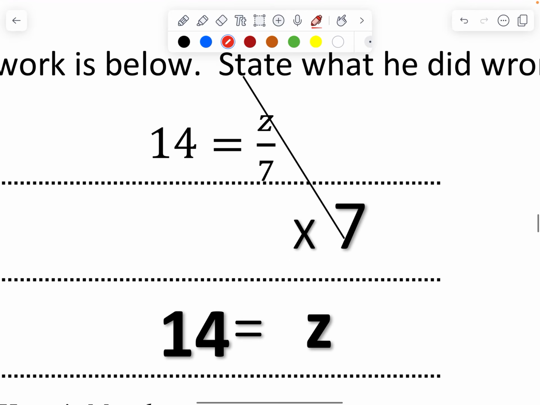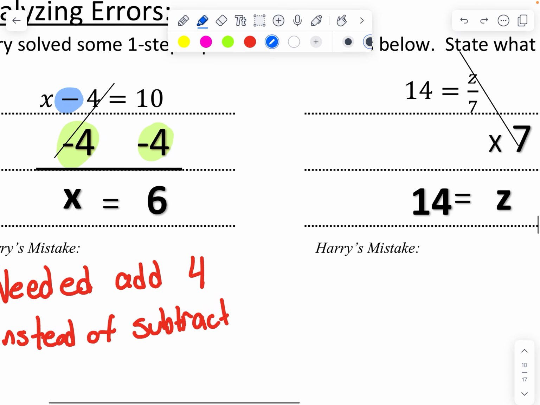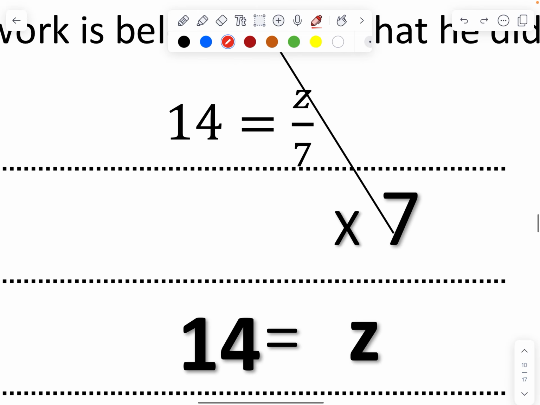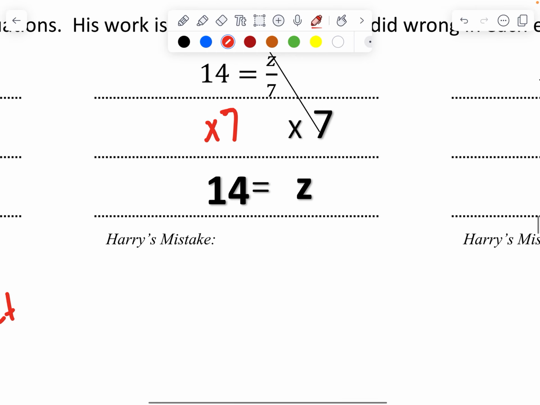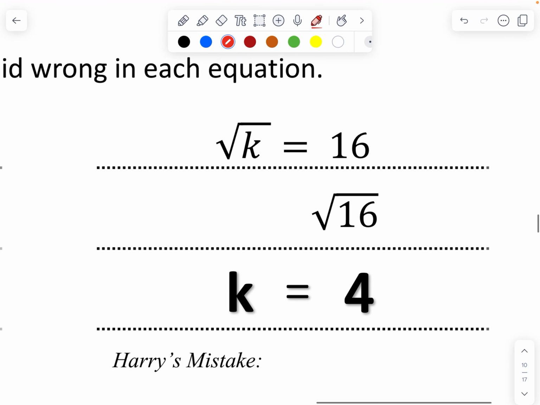Alrighty, so the mistake here was not the same one as last time. He had to divide by 7, he times by 7. That's actually perfect. The mistake is that he didn't do it on both sides like we did on this original problem. He times the right side, but he didn't also times the left side. So Harry's mistake was that he needed to multiply both sides. And one last problem.